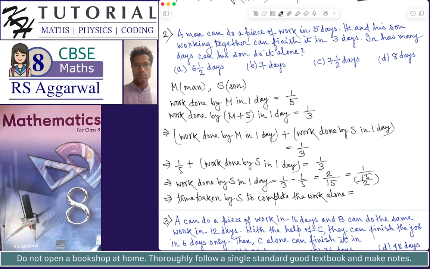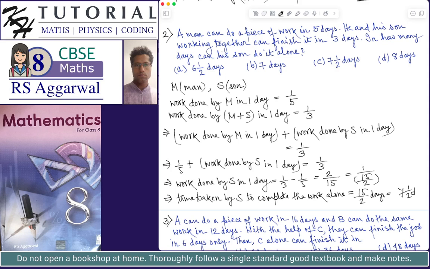Whenever we know that the work done in one day is 1 by n, then we can say that the total work will be done in n days. So the time taken by S to complete the work alone will be 15 by 2 days, which is equal to 7 and a half.